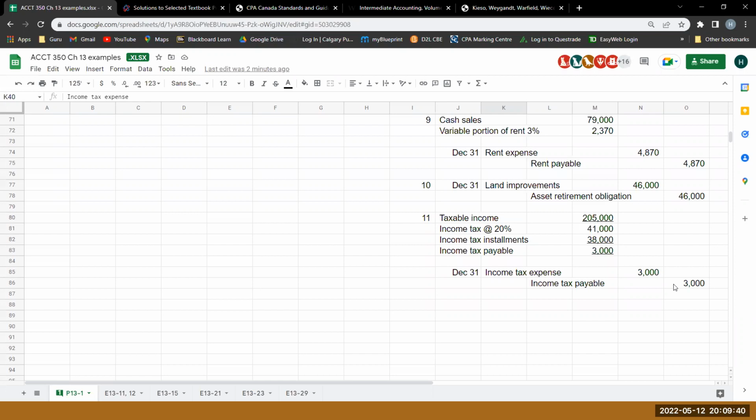So in real life, you'll find a lot of variation in the specific account names that companies use. When it's time to present, do I present the amount as a current liability? Do I present it as a long-term liability? Those are the things that the accounting standards cover.